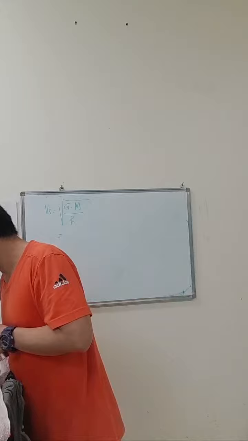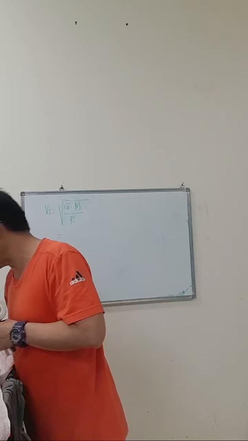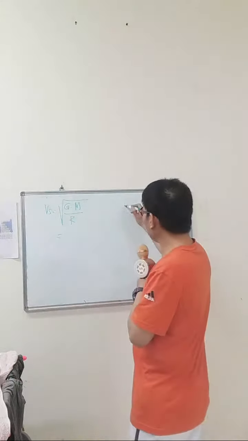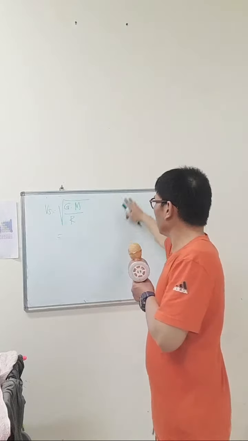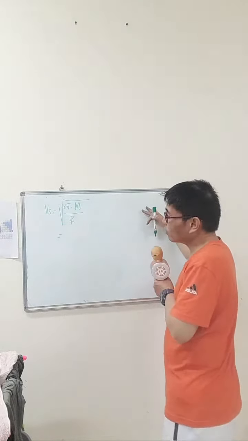Okay, what is the period of the satellite in hours? The period is T. So actually, if we have this, we need to know the circumference.